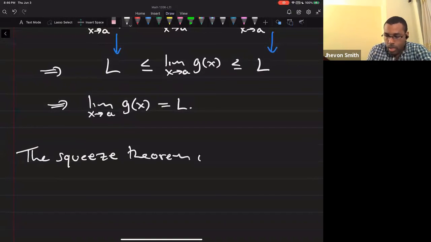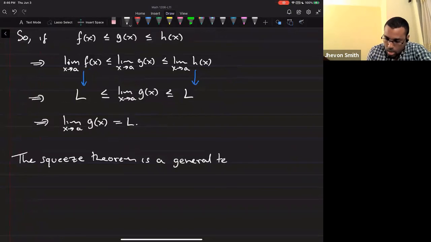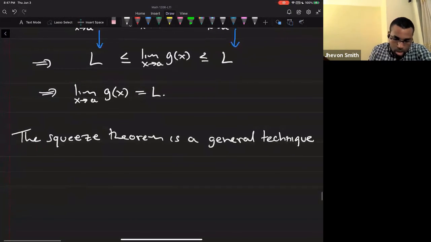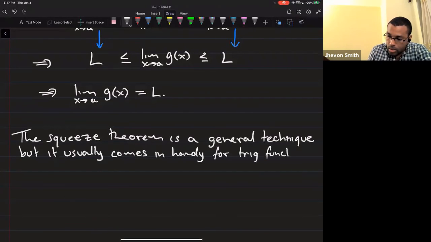The squeeze theorem is a general technique, but it usually comes in handy for trig functions. For limits of trig functions.